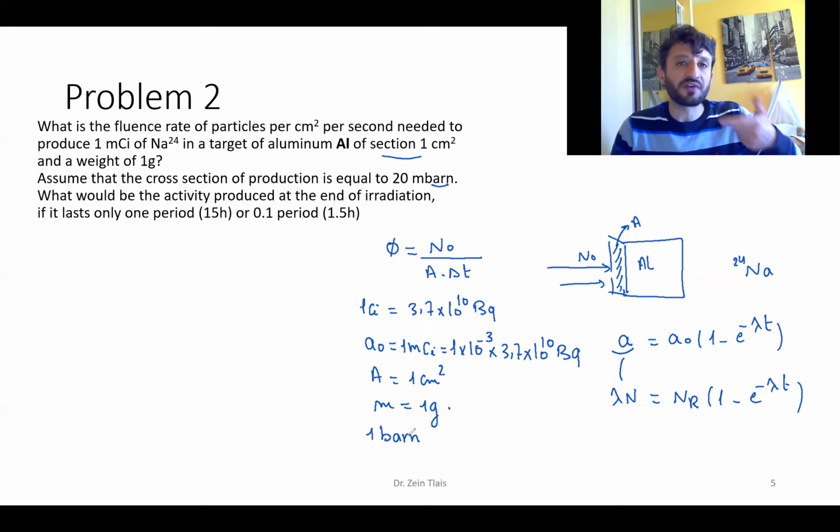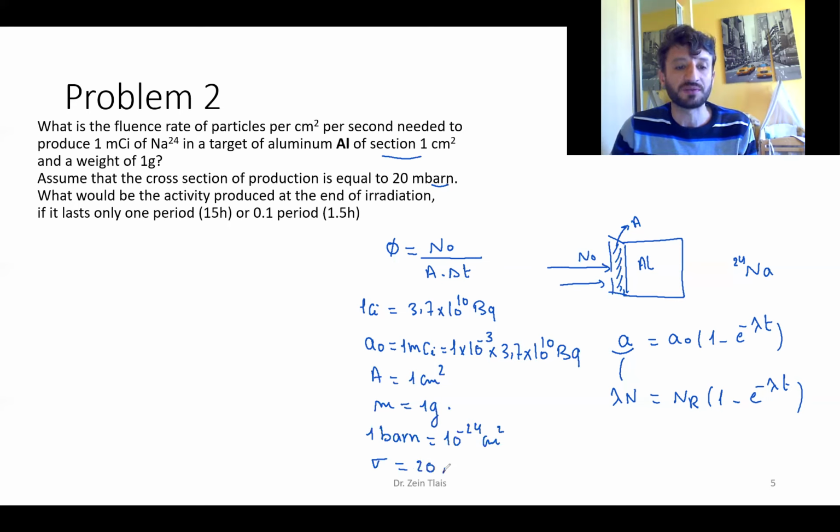Here you have to convert the unit. 1 barn equals 10 power minus 28, okay, let me put it in centimeter square, because I am using centimeter square, equals 10 power minus 24 centimeter square, 1 barn. So here we have a nuclear cross-section equal to 20 millibarn.